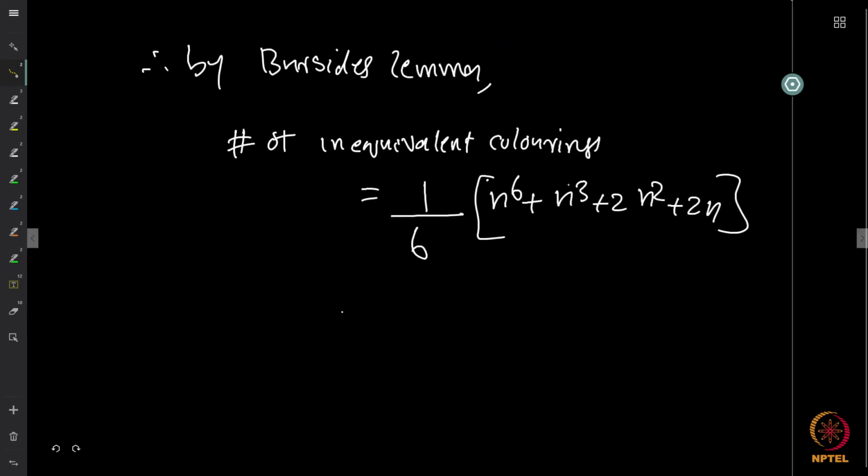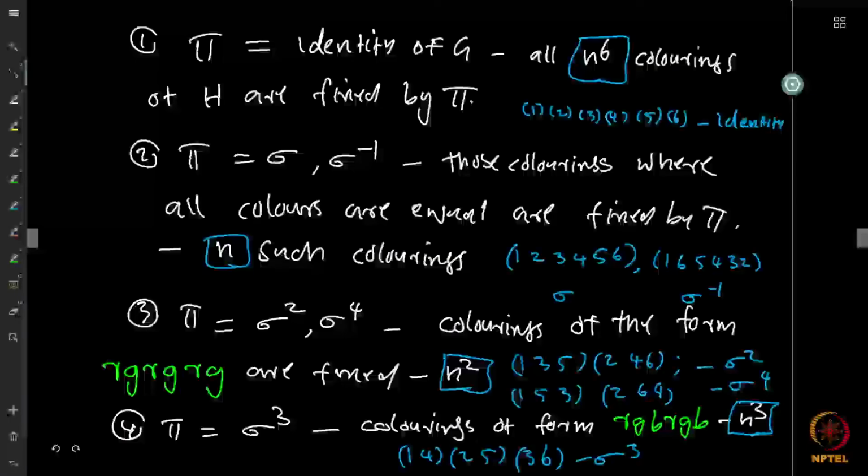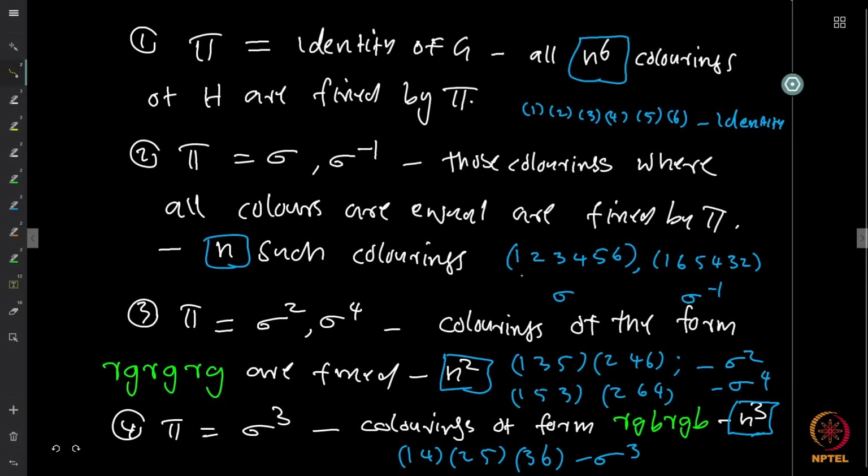Now, what about this 2n, where the exponent of n is 1? How many cycles are there, for example, in sigma? Sigma has only one cycle, with all the 6 elements. Sigma inverse also has only one. So you will see that the number of cycles in sigma is the exponent of n in the count.